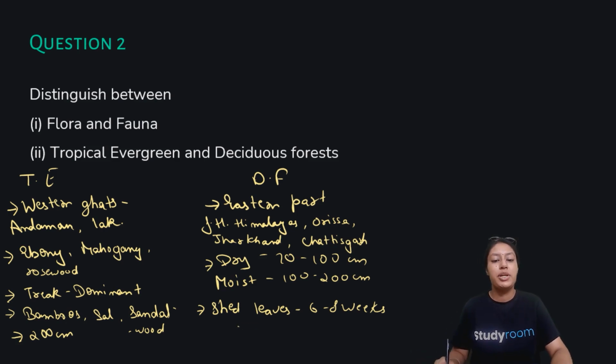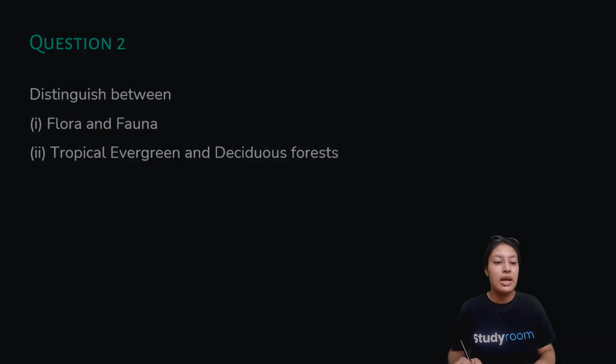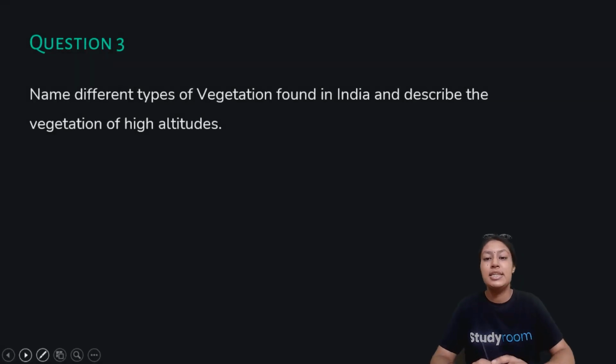Since the precipitation is not very high there, the trees shed their leaves for about 6 to 8 weeks so that they can remain alive by absorbing the moisture. One important thing about tropical evergreen as well is that the rainfall here is above 200 centimeters, which means it's a heavily precipitated area.